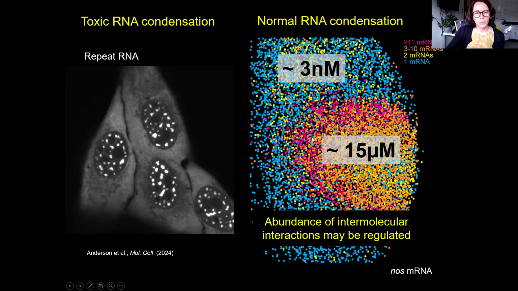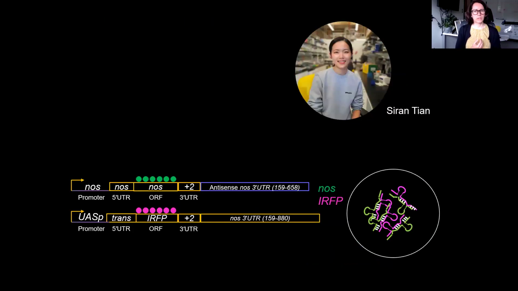And yet, we observed clustering of RNAs in the very granules that are required to generate the next generation of an organism. So clearly, it's suggesting that if interactions occur among these RNAs, that their abundance likely is somehow regulated. And this is what my student Saran Tien set out to test.